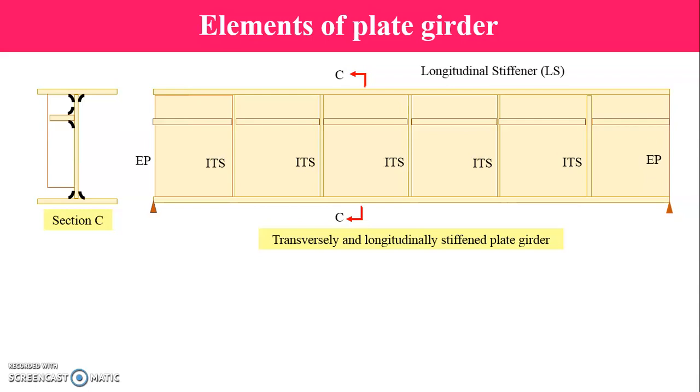Now here we have also provided the longitudinal stiffeners. Longitudinal stiffeners are provided on the web, perpendicular to the direction of the length of the girder. Here you can see 1, 2, 3, 4, 5 and 6 longitudinal stiffeners. In the section you can see this is the longitudinal stiffener, which is perpendicular to the direction of the length, and this is the intermediate stiffener, which is along the length.